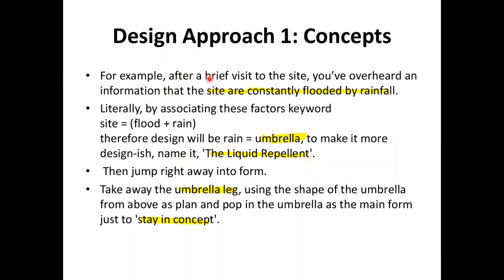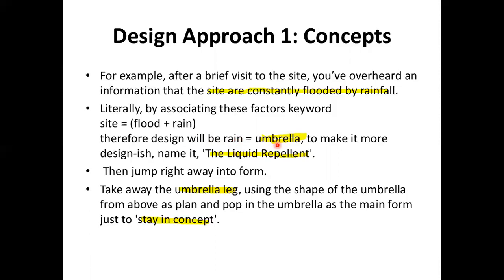In an example, after a brief visit to a site, you heard that the site is constantly flooded by rainfall. So this was my problem which I have shown you previously in pictorial form. By associating these factors, the keywords that come to mind are flood and rain. Therefore the design will be here to save you from the rain.